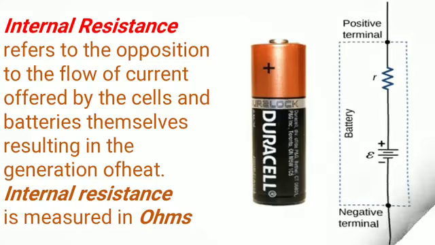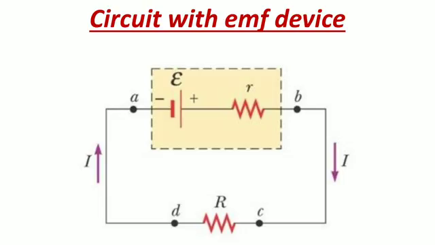So now let's move on to the circuit with EMF device. Here you can see the circuit of EMF device, with a resistor capital R. Here the EMF device keeps the positive terminal at a higher potential.